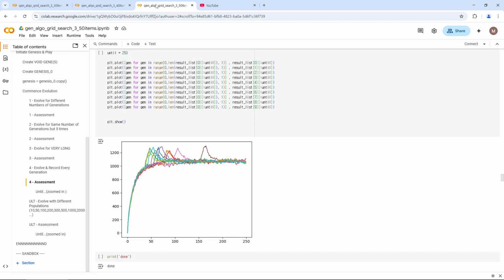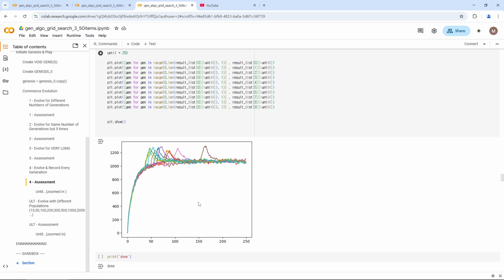So it appears that the longer the genome, the more variance it causes in the time it takes for the population to peak. For example, it was slightly before generation 50, at 50, after 50, at 70, 80, 100, and then this one's at 160 or something, this brown line.